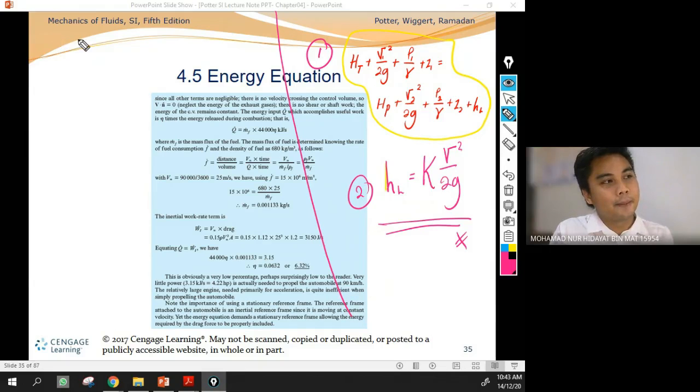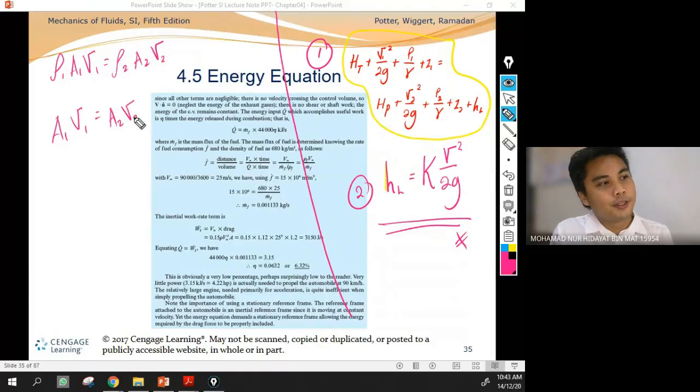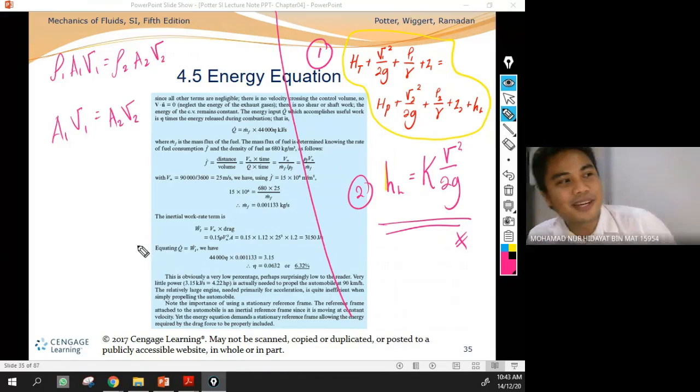The second one is the mass equation, which is rho 1 A1 V1 equal to rho 2 A2 V2, and A1 V1 equal to A2 V2. Remember, this is a very simple term.